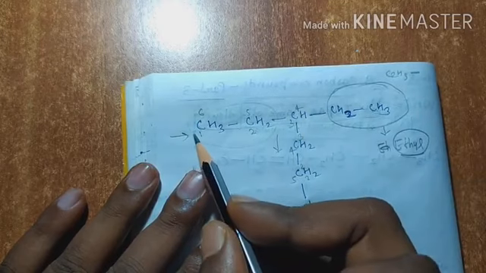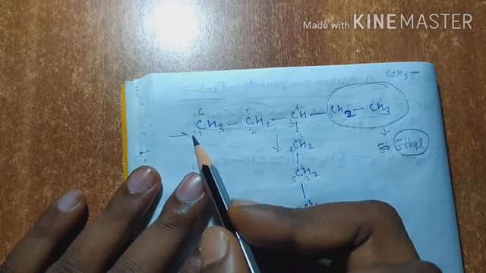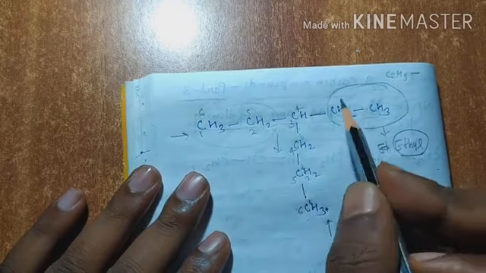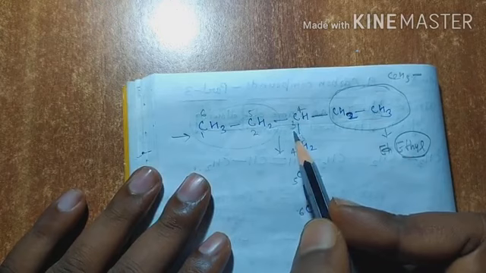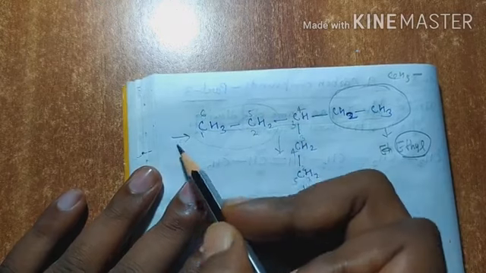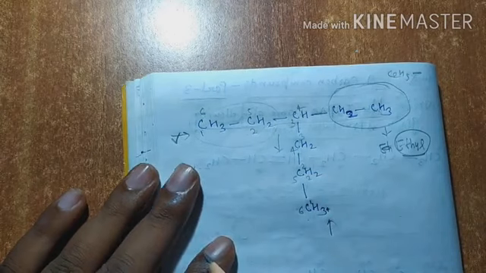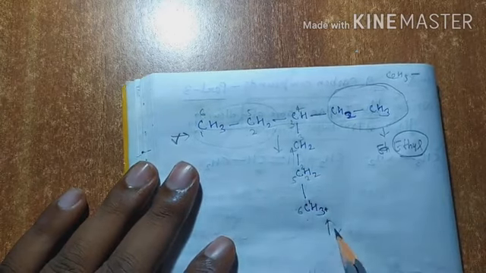But if we give the number to each carbon atom, the carbon where the functional group is present is getting 3. So this way is the correct way to give numbers to carbon atoms. This is the wrong way.